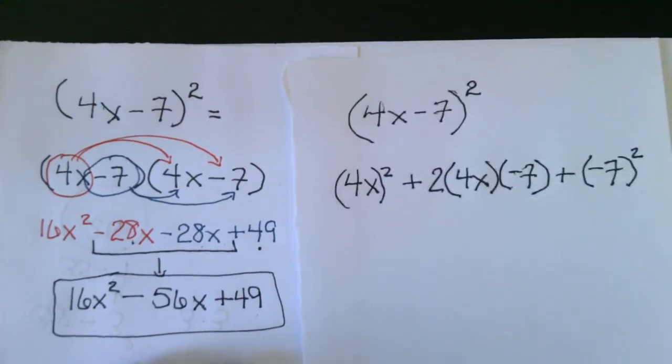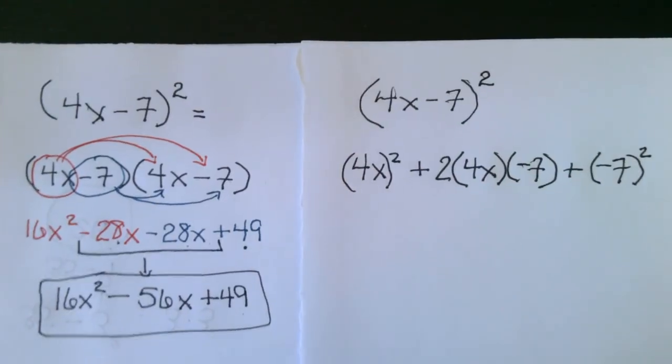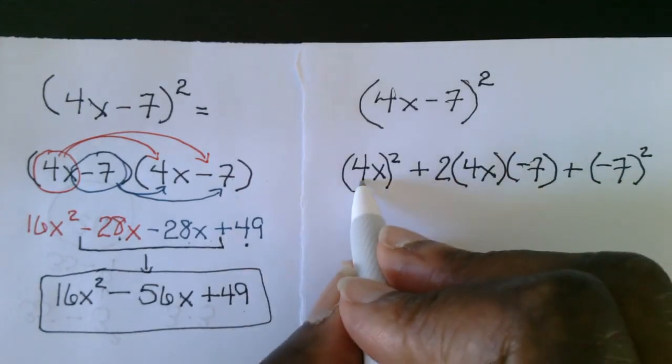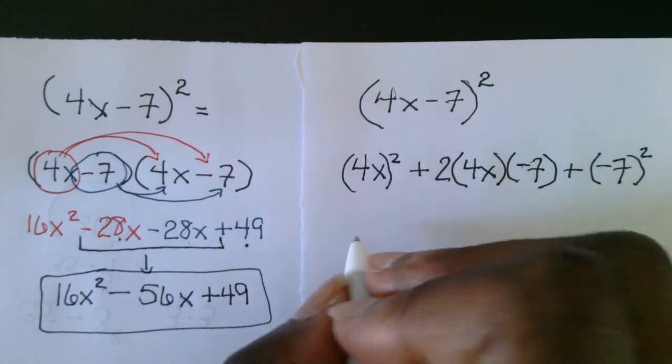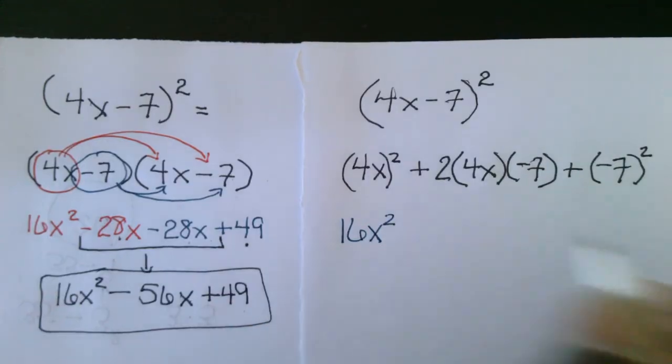So I like to start with the first one if you're just starting out, because you can see it a lot better. You have the parentheses, but you will definitely, as you advance and you get better with this, you'll have your 4x squared, so you're squaring your 4 to get your 16 and your x squared.